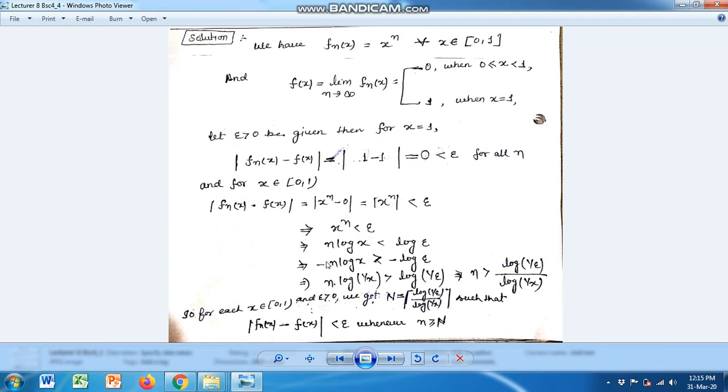Now shifting this minus sign, we get n log (1/x) is greater than log (1/epsilon), and this implies n is greater than log (1/epsilon) upon log (1/x). Now taking its greatest integer value, we give this integer value the name capital N.